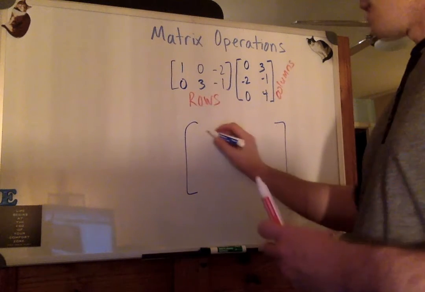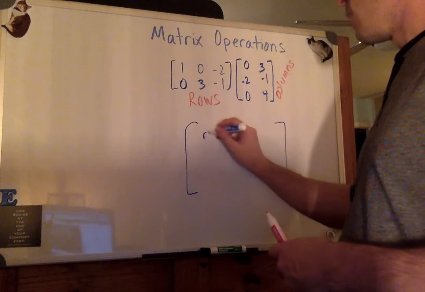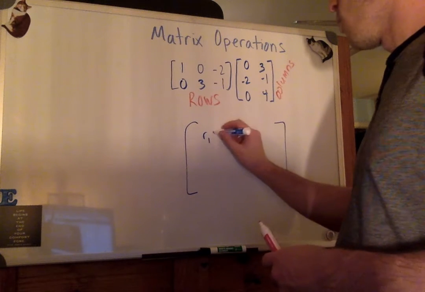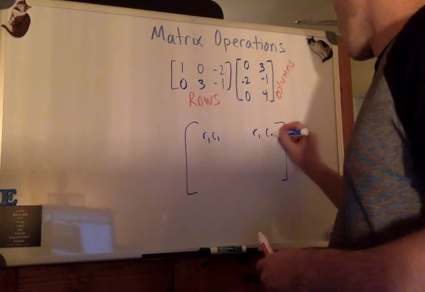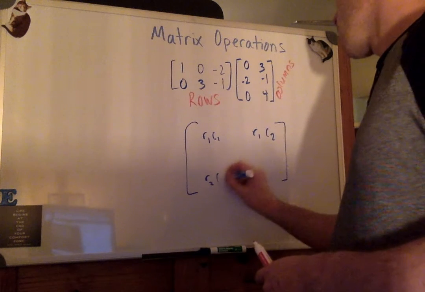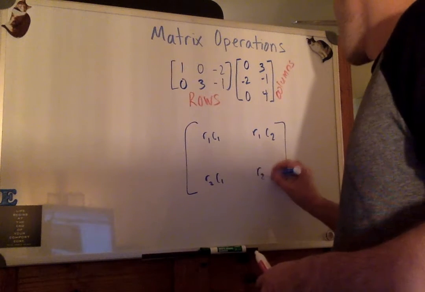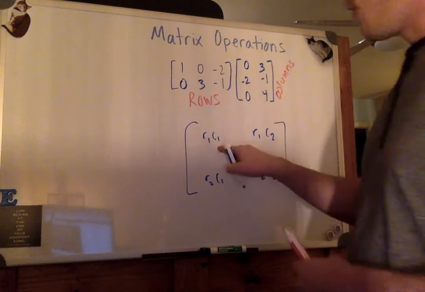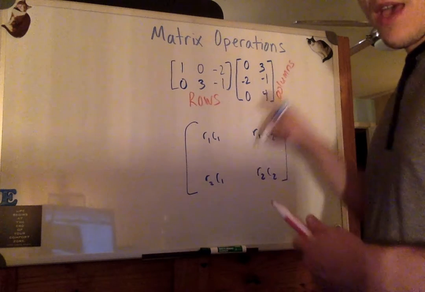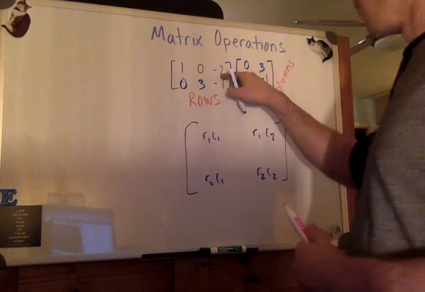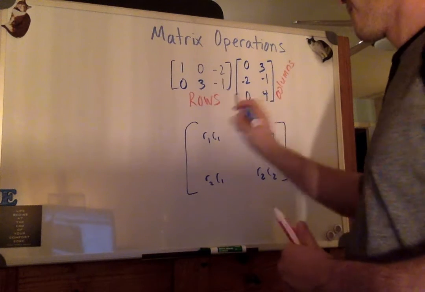To do the same thing that I did a moment ago, I'm going to keep track of what I've done and what I haven't done. So row 1, column 1, row 1, column 2, row 2, column 1, row 2, column 2. So to figure out what goes in this top left space, I am going to use row 1 and column 1.